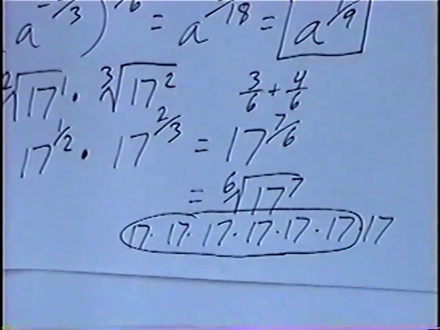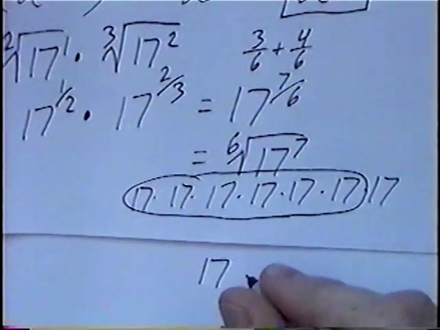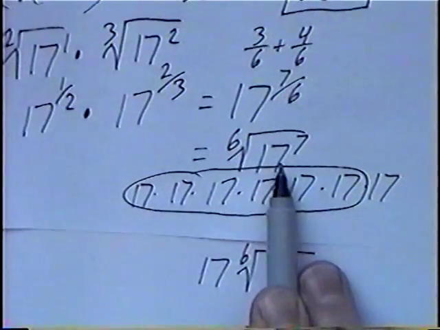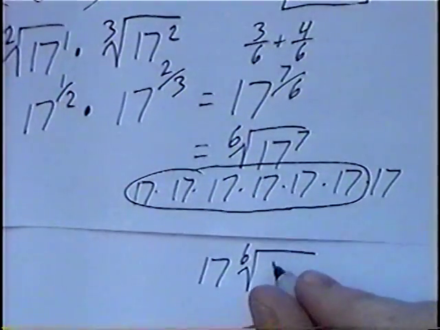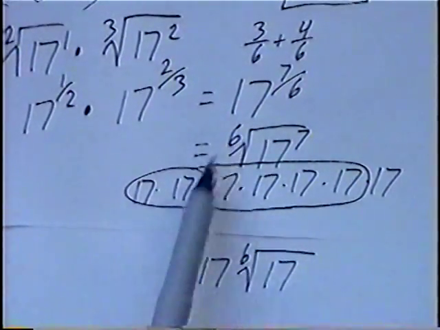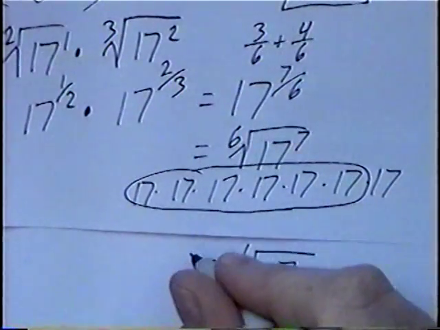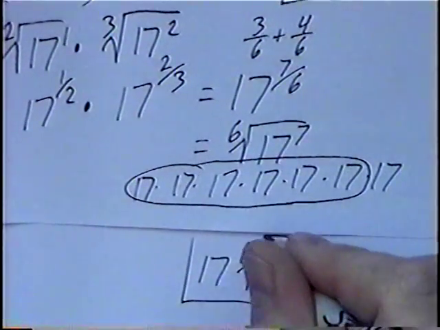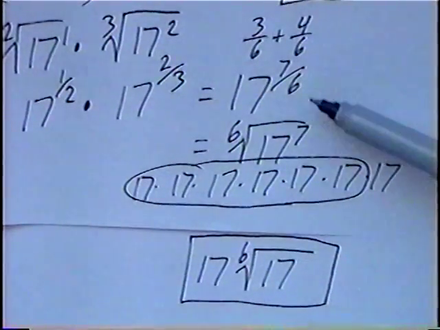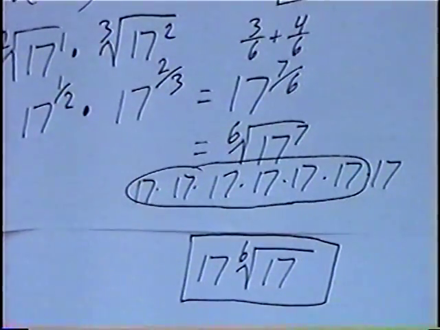With one pair of 6, that means 17 would go outside the radical sign. The radical would stay the same, the 6th root, and we have a single 17 left over. So 17 to the 7th power, taking the 6th root, is equal to 17 times the 6th root of 17. And again, when you have improper fractions, where the numerator is bigger than the denominator, you can always take out at least one pair to simplify in radical form.